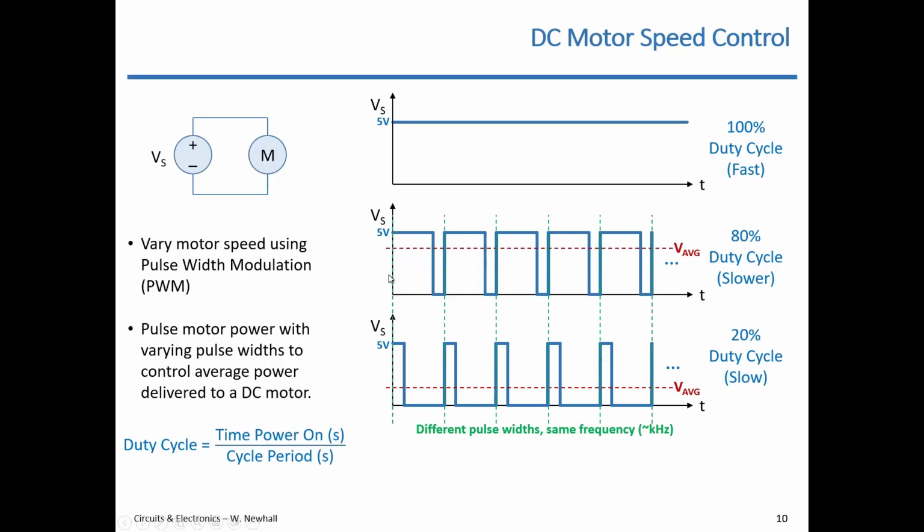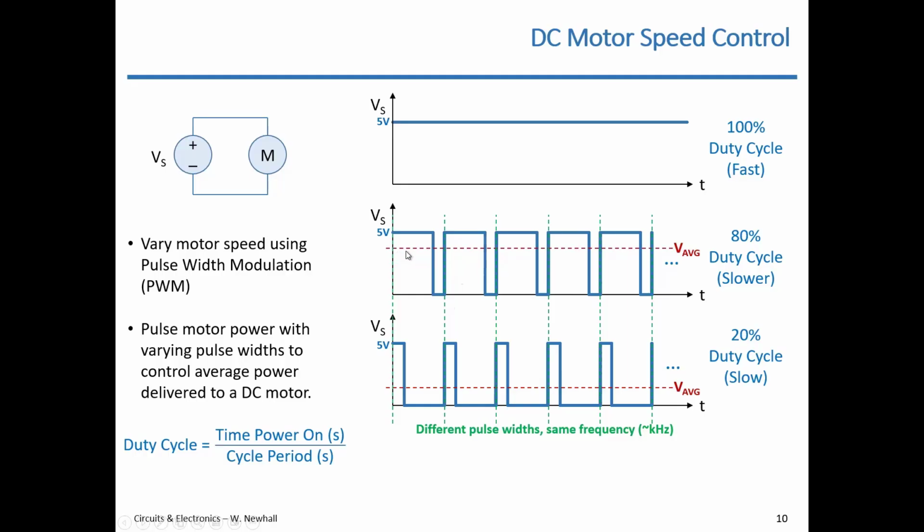And you say, well, wait a minute, doesn't this look like the motor is on, turns off for a little bit, is on, turns off for a little bit? Wouldn't that be weird? Well, this is on the scale of milliseconds, not seconds. Yes, if this were on the scale of many seconds along this axis, the motor would turn on and off. But the motor is actually acting like a low-pass filter, which causes an averaging effect.